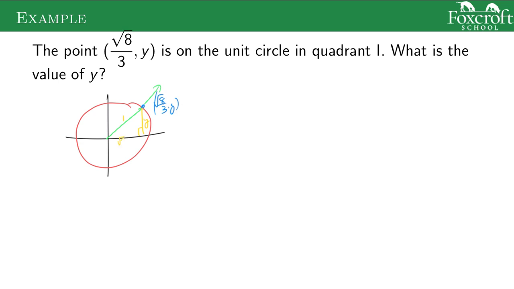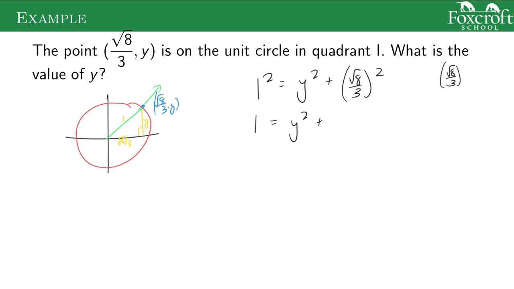The width is whatever that x value is. We'll do the Pythagorean theorem. The square root of 8/3 squared is the square root of 8/3 times itself. When you multiply two square roots together, they cancel, so I just get 8 on the top. 3 times 3 is 9.